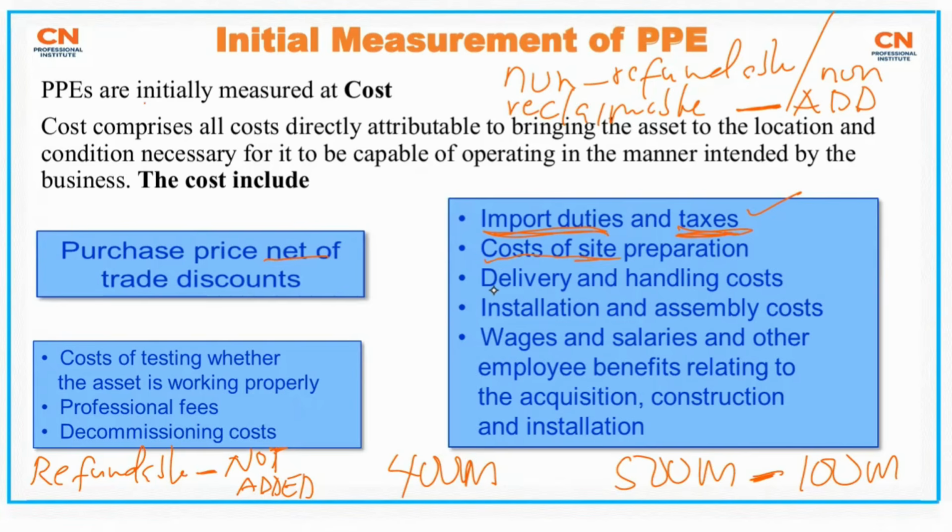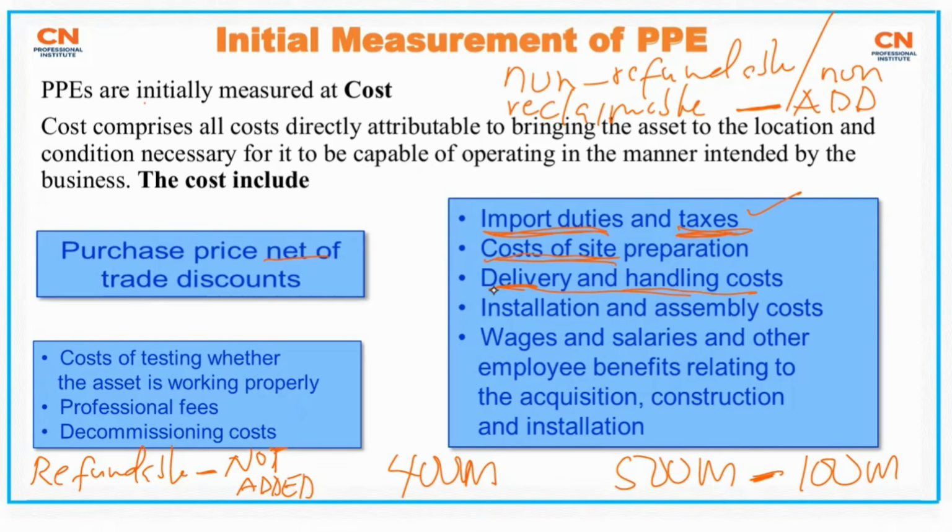Then cost of site preparation, where you purchase, let's say, your equipment and you want to install it. So you have to get somebody to clear the land, do everything. All those are added, cost of site preparation. Then delivery and handling is more like carriage inwards.